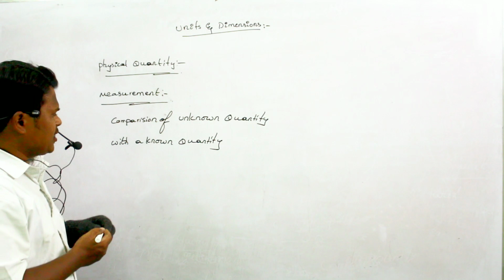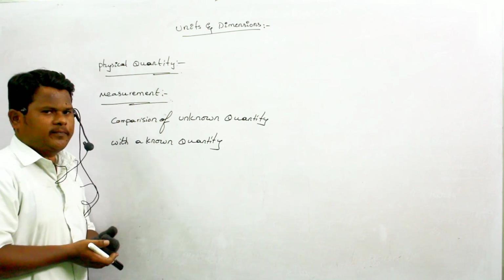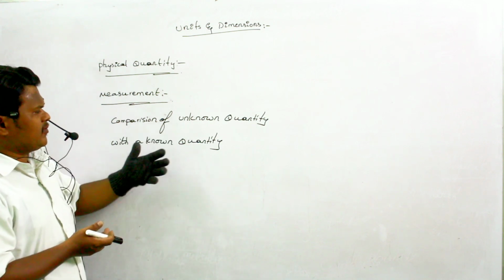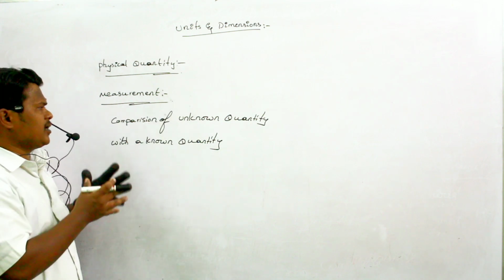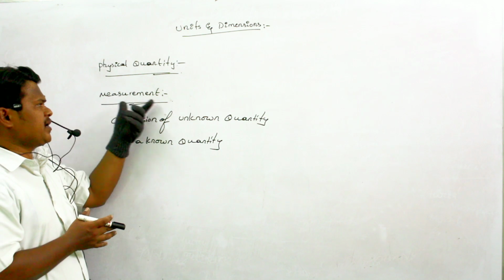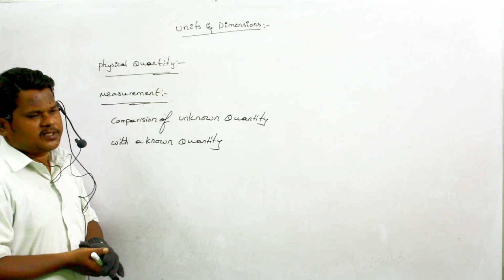So we should have a well-defined known quantity. With that quantity, I will compare the unknown quantity whose physical dimensions I want to calculate. Such a comparison itself is called measurement.